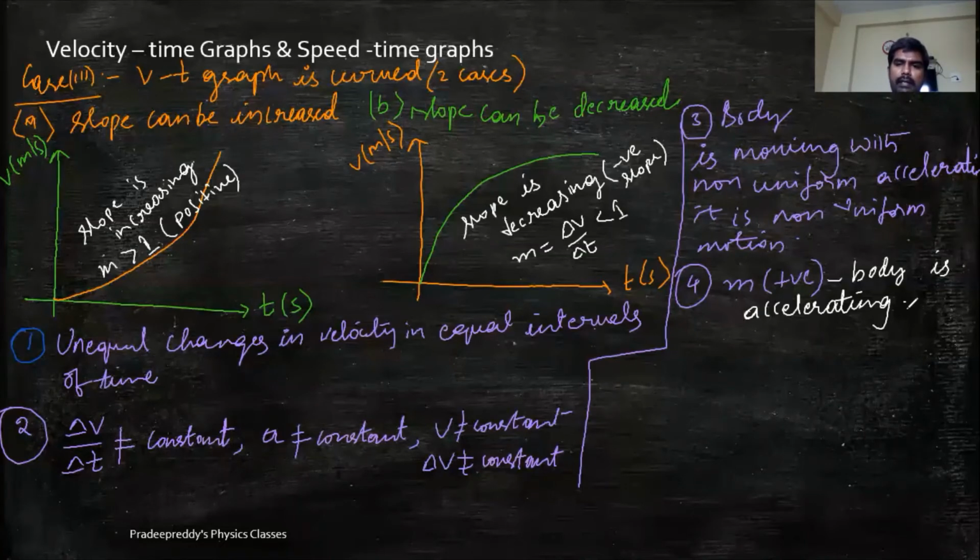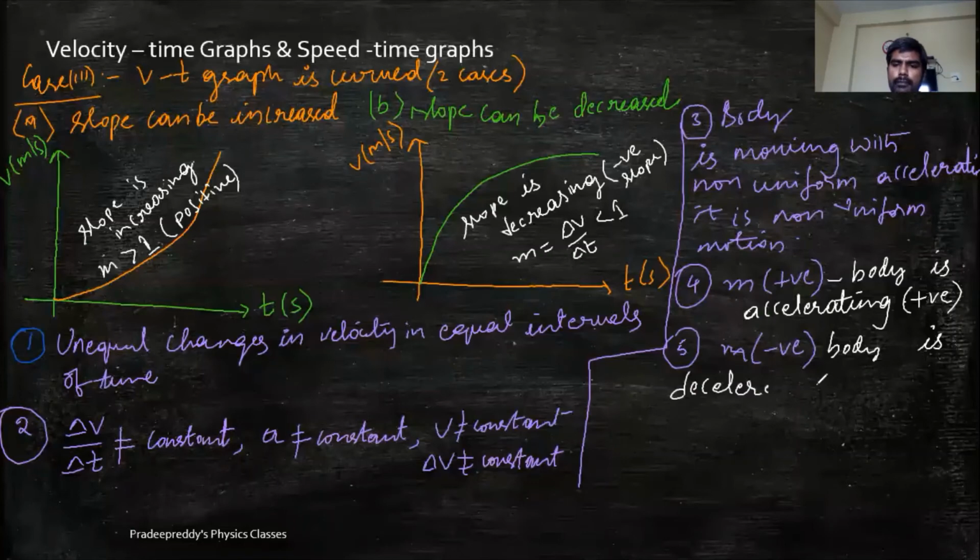And if m is negative, what does it mean? Body is decelerating, or you can even call it as retardation. Retardation, it is negative.